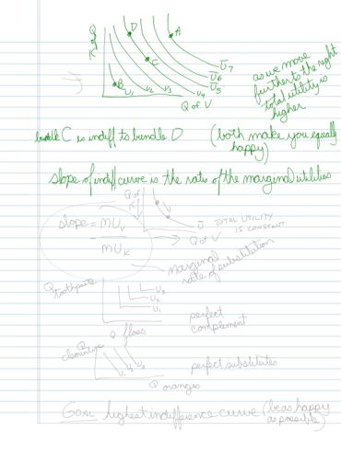Now there's a reason why that's the case. Because essentially along an indifference curve, the total utility is constant.